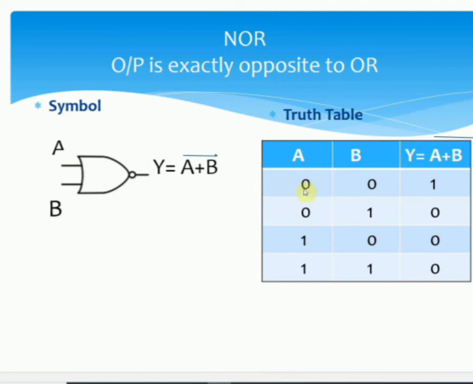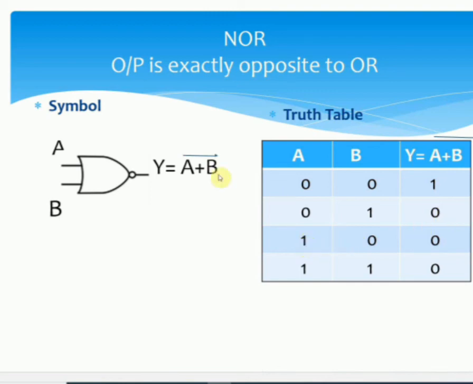Now let us consider the first case where A is 0 and B is 0. So output is 0 plus 0 will result in 0, but complement of 0 will give you 1. Second case is when A is 0 and B is 1. So 0 plus 1 will result in 1, but the complement of 1 will give you 0.